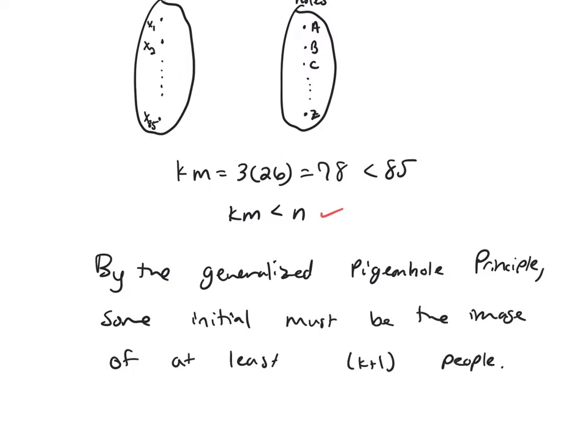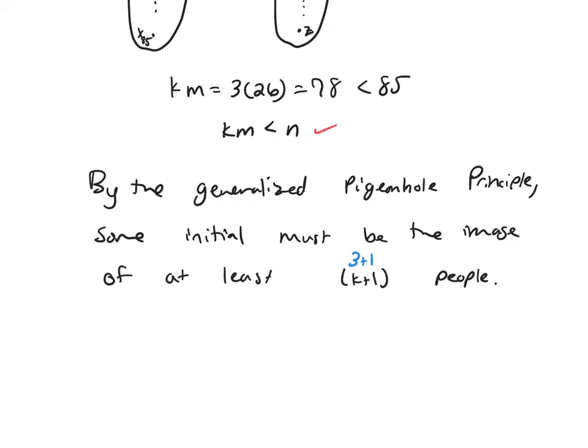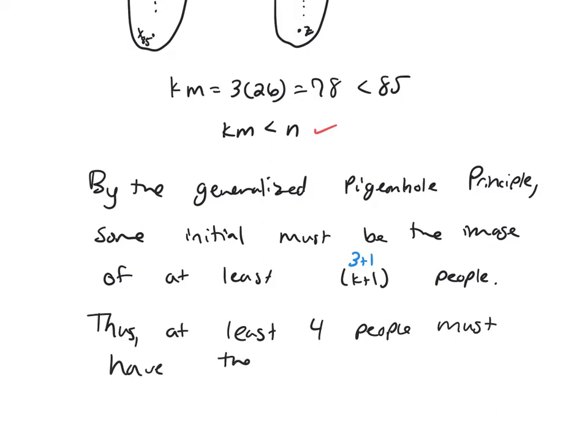But K was 3, so it would be 3 plus 1, or 4 people. So another way to say that is at least 4 people must have the same last initial. There are at least 4 people that went into the same hole, and the holes corresponded to their initials.